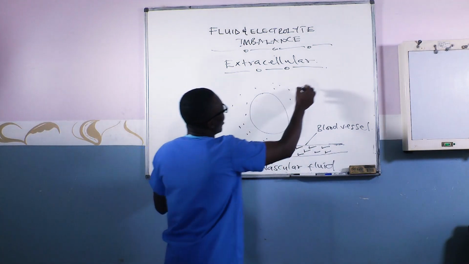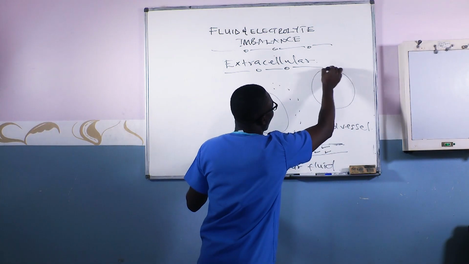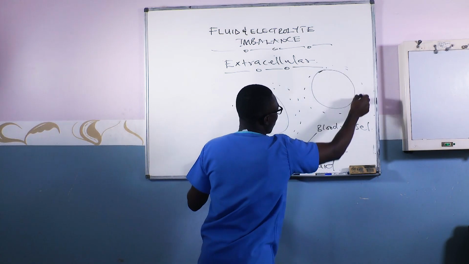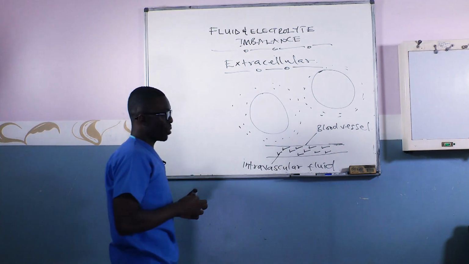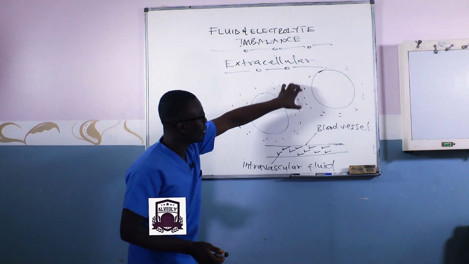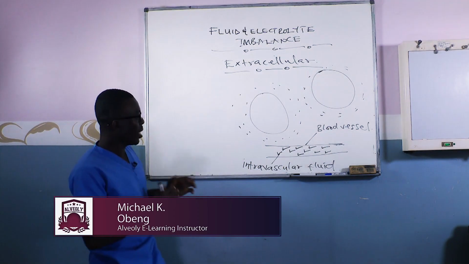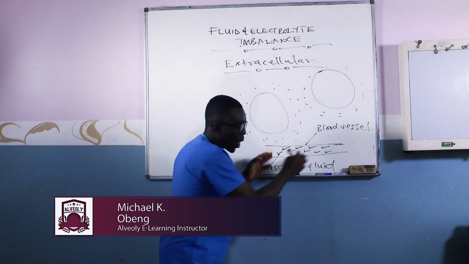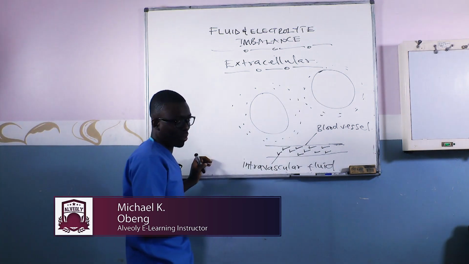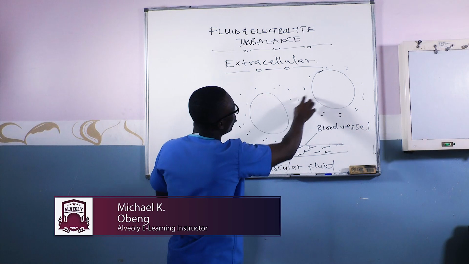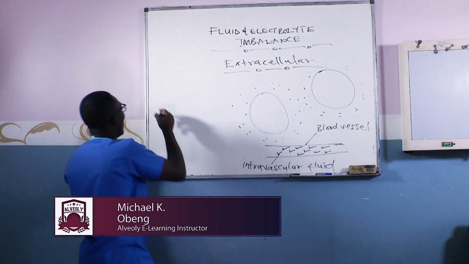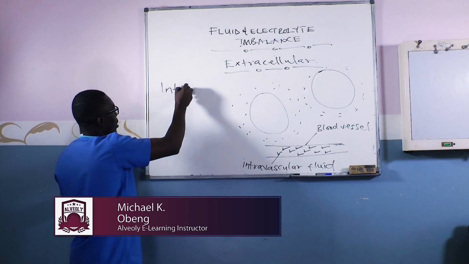Then let's assume we have another cell here, and there's also a fluid here. In a nutshell, we have this fluid, which is one part, and this fluid, which is another part, and they are all outside the cell. Because this fluid is between two cells, we call it interstitial fluid.